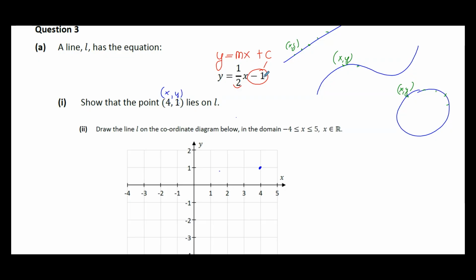So this line will cut the y-axis at the point -1. And there it is, I have my second point, and therefore we can draw the line. Now that line should extend because it should go in this domain from -4 to 5.